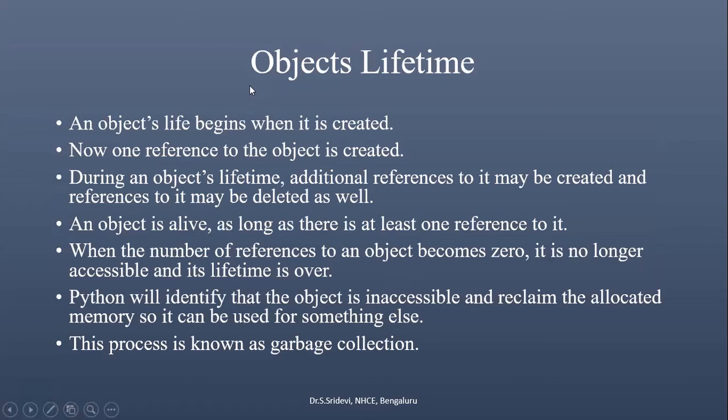Now let's see a very important term in Python, object lifetime. An object's life begins whenever it is first created in the Python program. At this point of time, one reference to the object will be created. During the object's lifetime, we may create additional references to the object, and we may even delete already existing references.